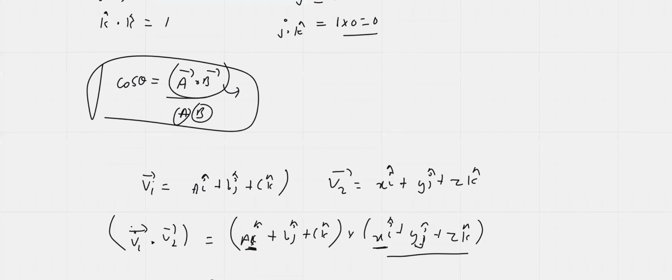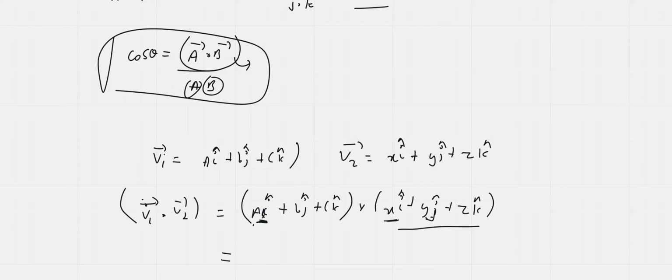You know i, j and k all are perpendicular. So if you do the dot product of any two different axes, you will be getting zero. So for i with all three, I will only get a times x, and i dot i will become one. The rest will come up as 0 plus 0.